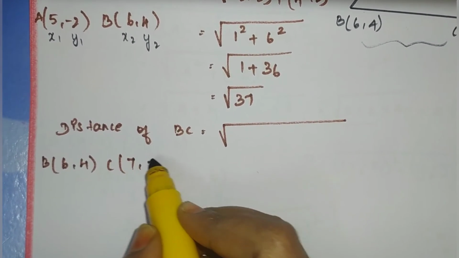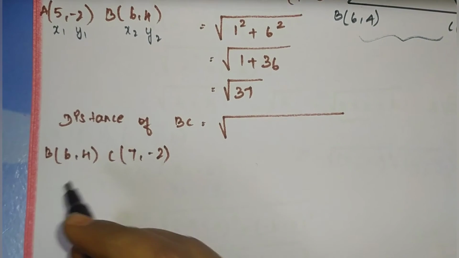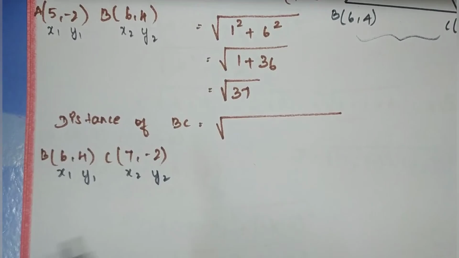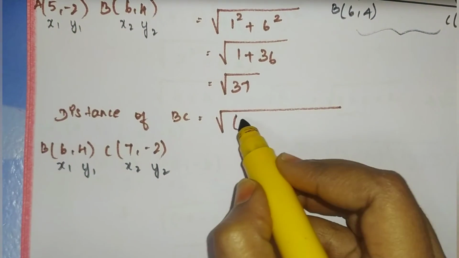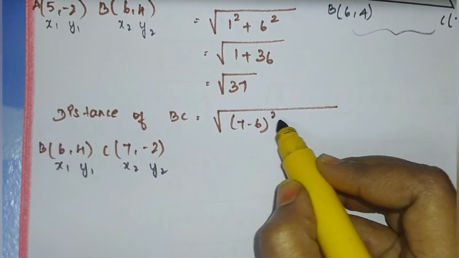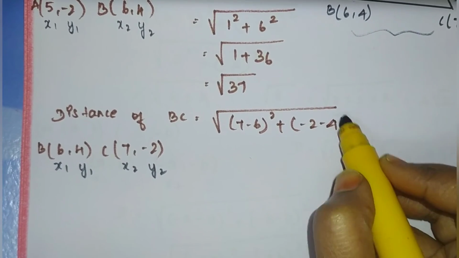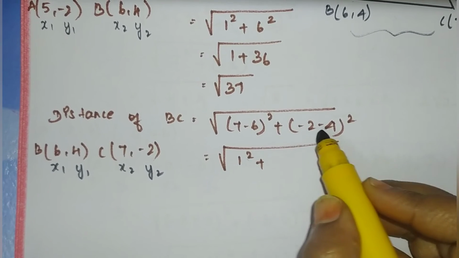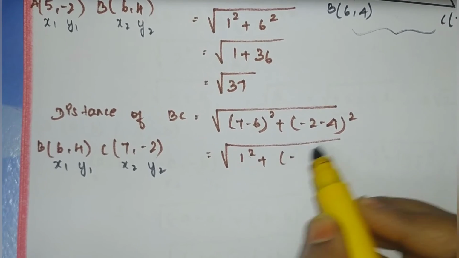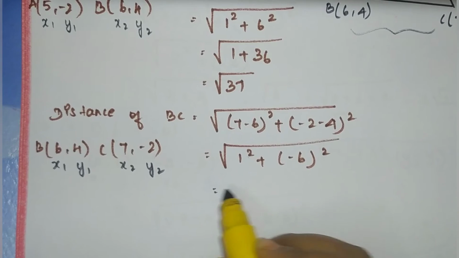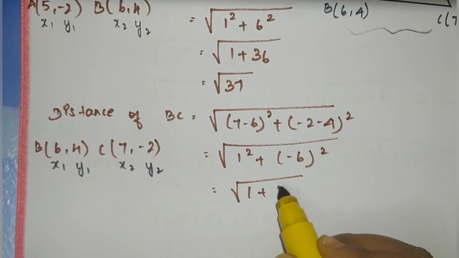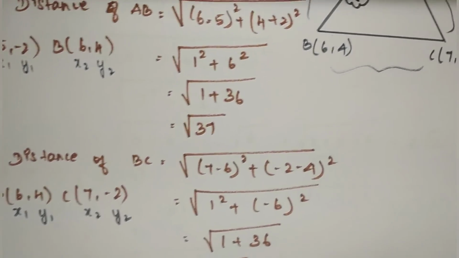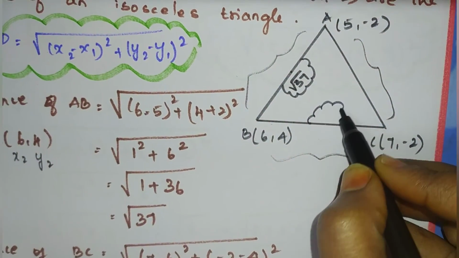So x1, y1, x2, y2, and then (7 minus 6) the whole square plus (-2 minus 4) the whole square. So 7 minus 6 is 1 square, -2 minus 4 is -6 the whole square. Then 1 plus 36 is root 37. So the distance of BC is root 37.